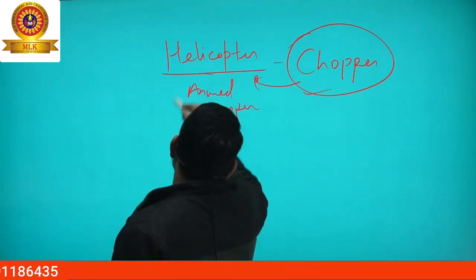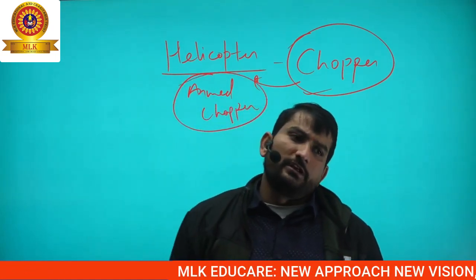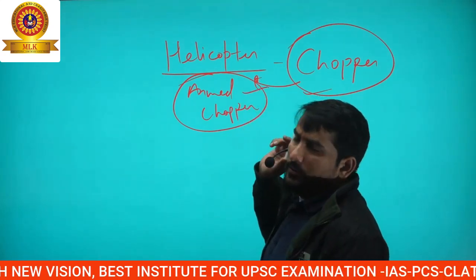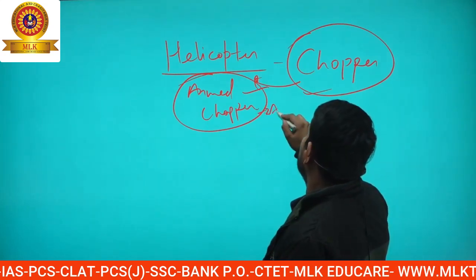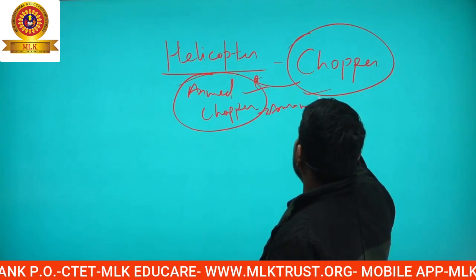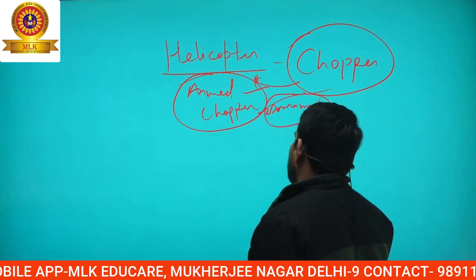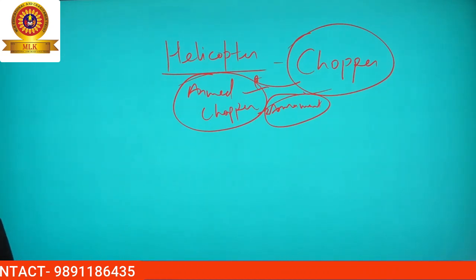That means when a chopper has armaments, with the installation of several types of armament, the chopper becomes the helicopter.